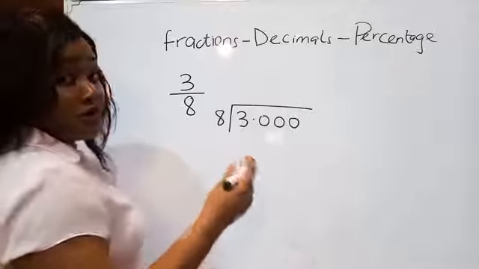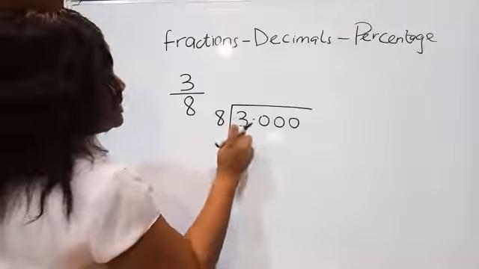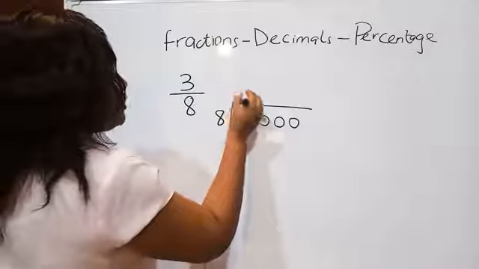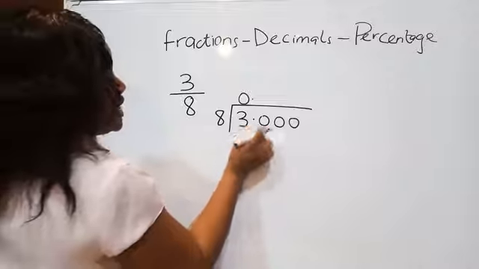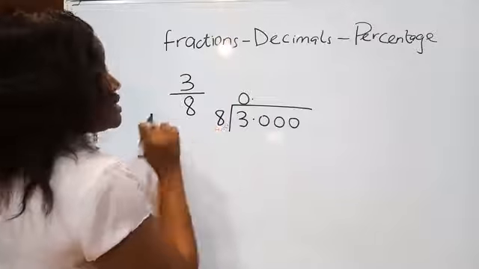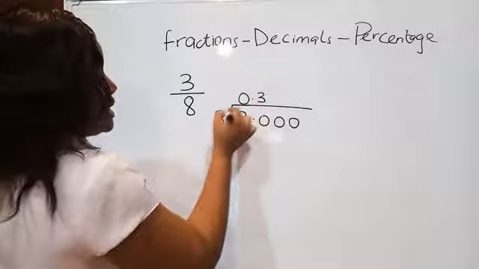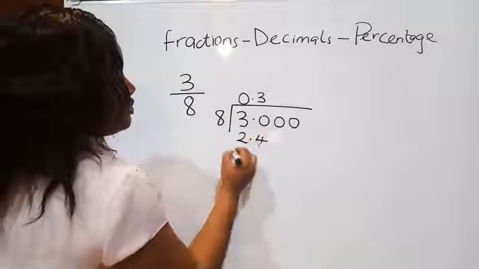Of course, 3.000 is the same as 3. So you try dividing. 3 divided by 8 won't go, so you have 0 point. You now say 30, because the point has been taken care of. 30 divided by 8 gives us 3, remainder 6. So 8 times 3 is 24.